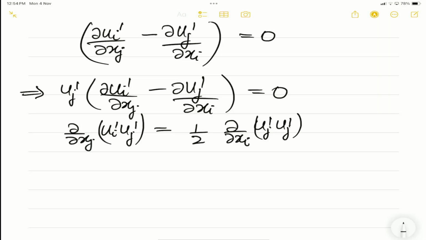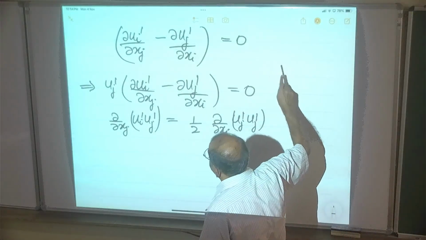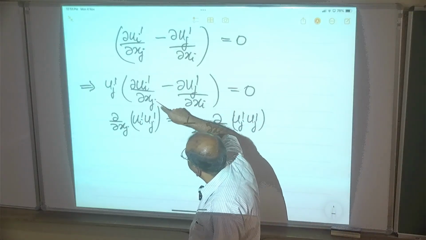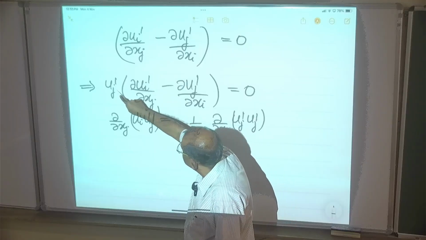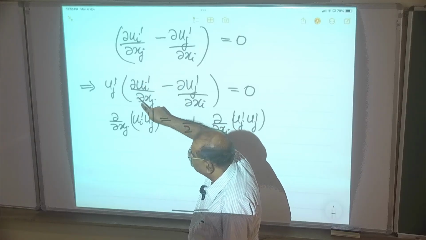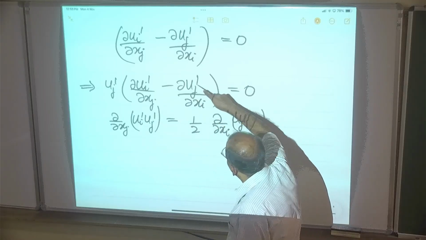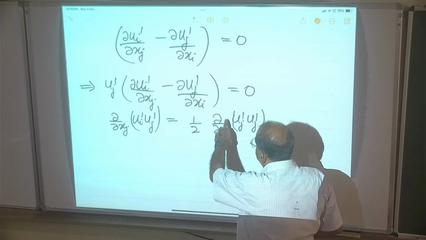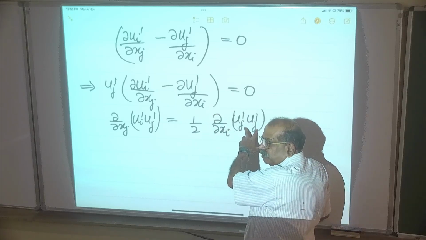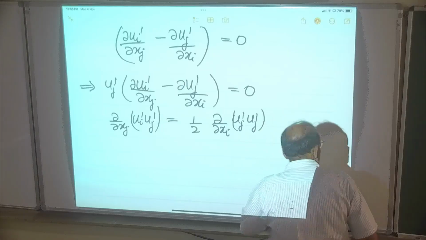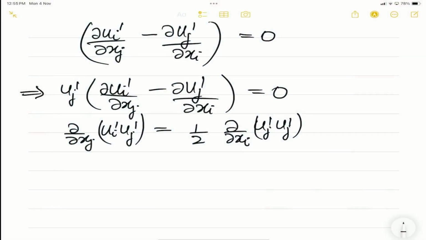Right now there is no averaging, so I've taken this term on the right hand side, uj prime dui prime by dxj. Because of continuity I can pull this inside, because duj prime by dxj is 0, and this one is uj prime duj prime by dxi, so it becomes half d by dxi of uj prime uj prime. Okay.